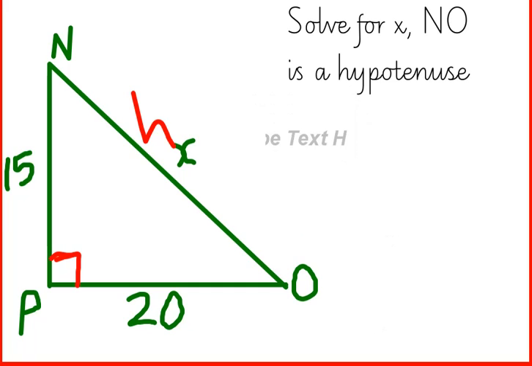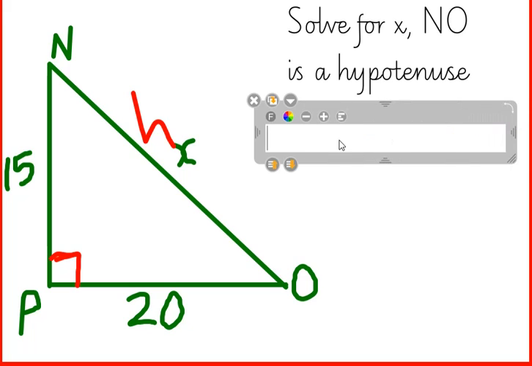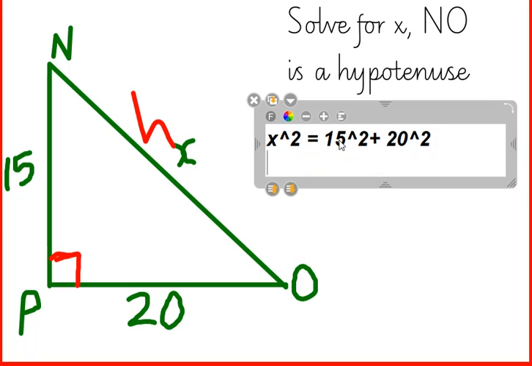If we were to write it down, we would say the following. So we just make that bigger. We'll have x squared is equal to 15 squared plus 20 squared, and that will give us our x squared.